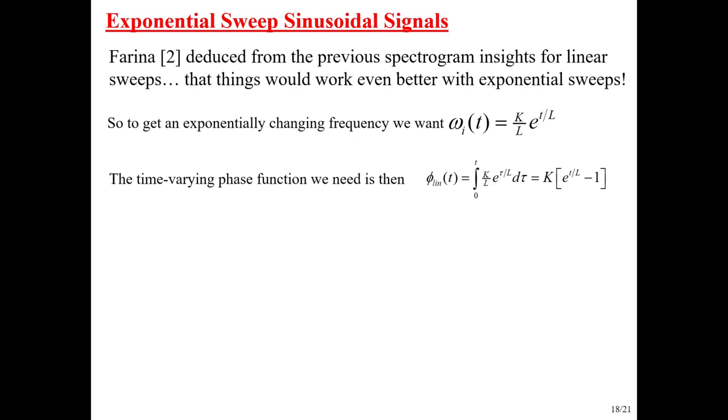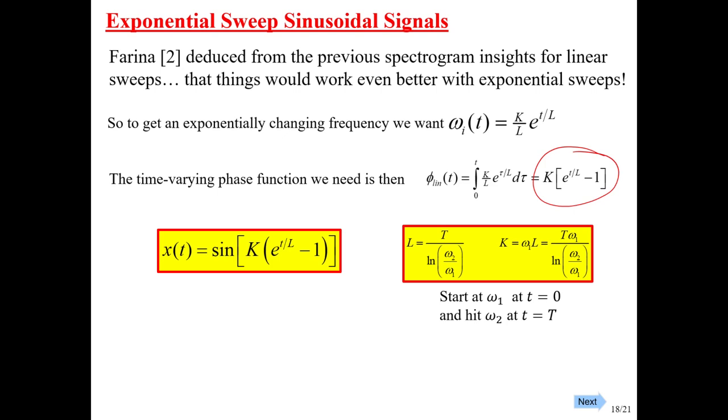And so we want to get the time varying phase function. So we're just going to integrate that just like we did before to get the linear sweep. We started with a linear frequency and we integrated it and got a quadratic phase. Well, now we integrate this, and integration of an exponential gives us some kind of exponentially related thing. So there's what our phase needs to be. So we literally choose the K and the L. We see right here how we pick those.